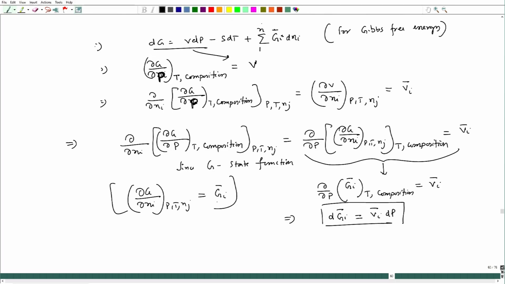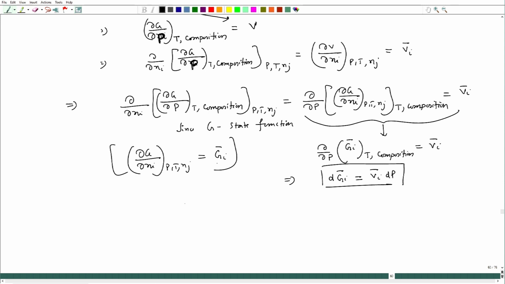This is an important equation. So, dG i bar equals Vi bar dP.